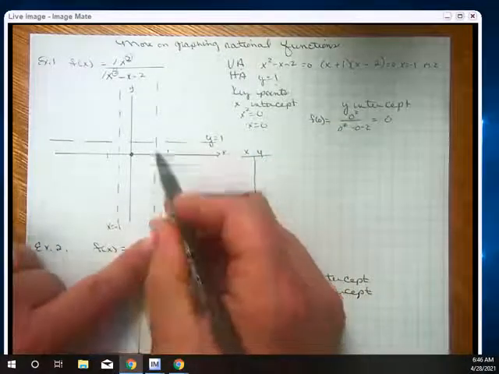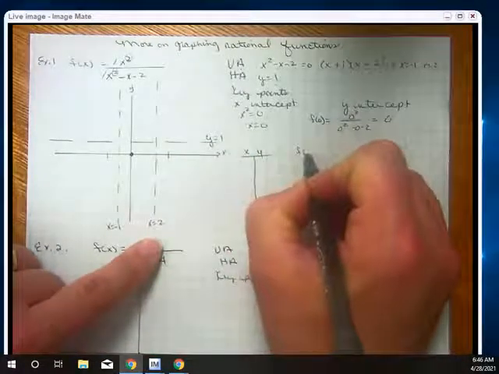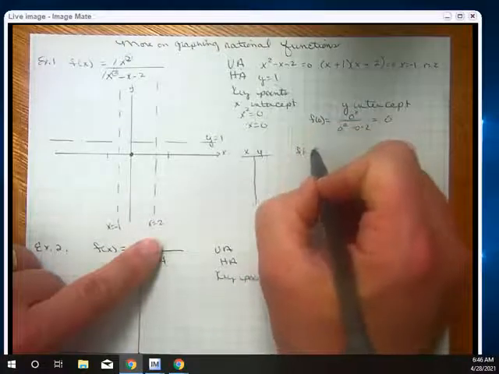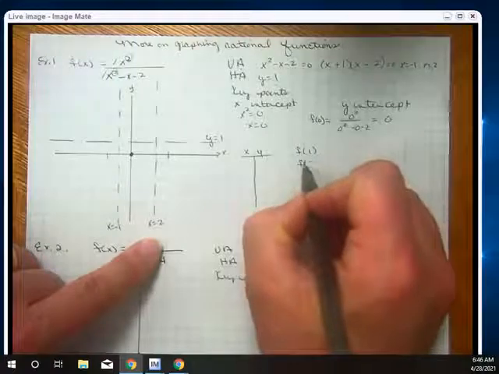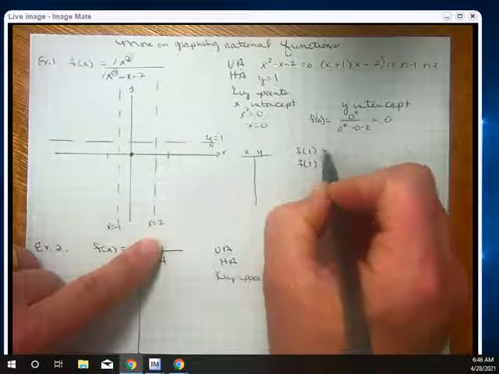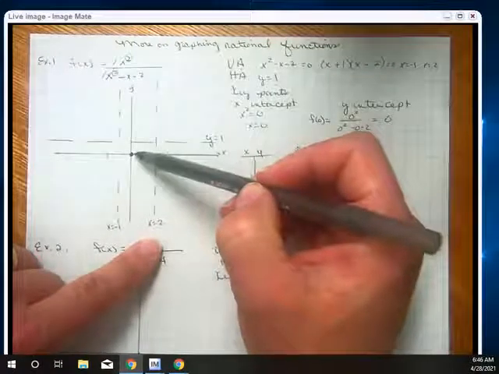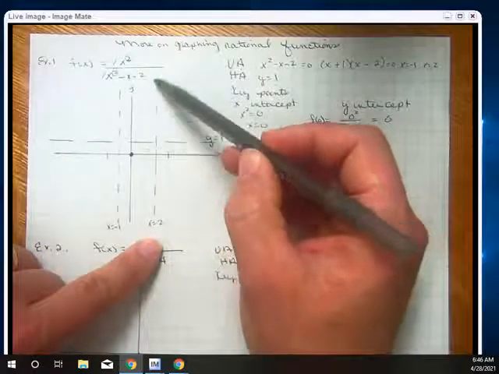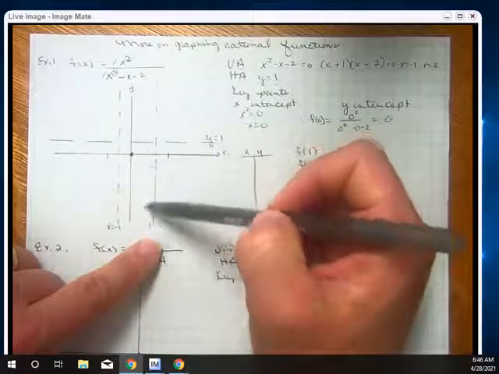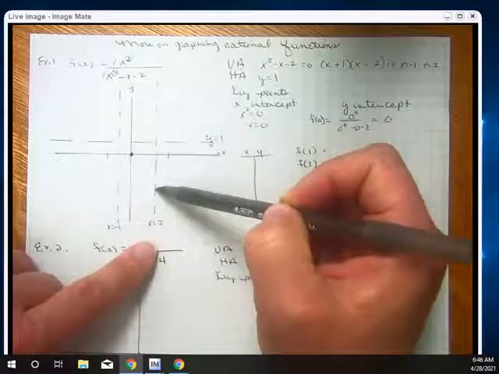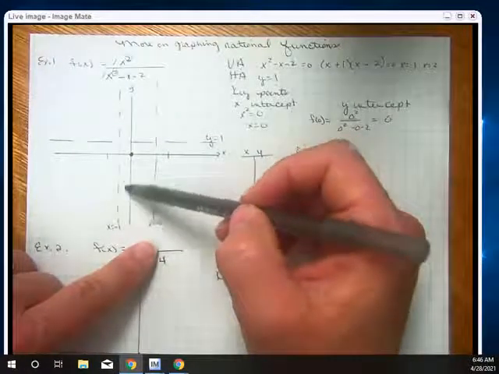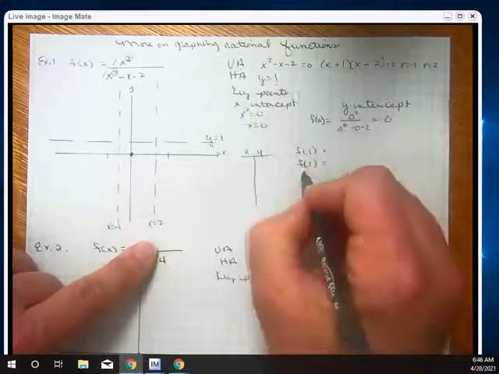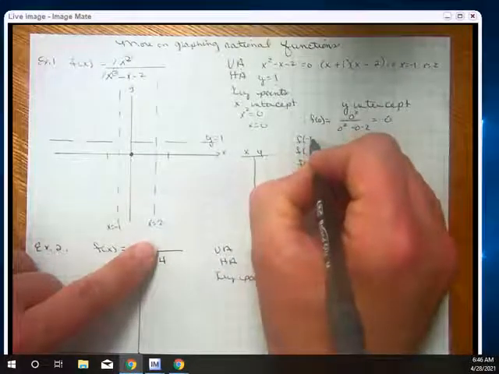Since x equals 2 is one of my asymptotes, I am going to find out what's happening at f of 1, at f of 3, and this tells me if I go above my line or if I turn and go below the line between 0 and 2. And I also need to know if it turns down at the, say, negative half mark.